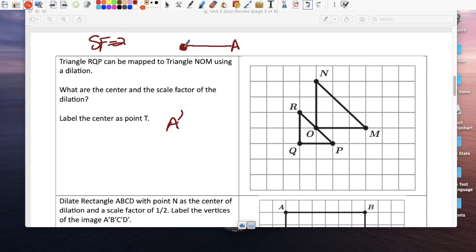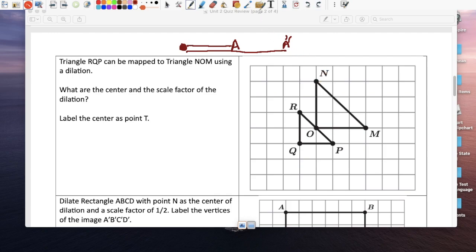It's from the center of dilation, that same distance, just double that distance. So A double prime could be twice that original distance. It won't be there. If you did it over here, that's wrong. If you did it over here, that's wrong, right? So it has to be on that same line. So if you think about that, they have to be on the same line.